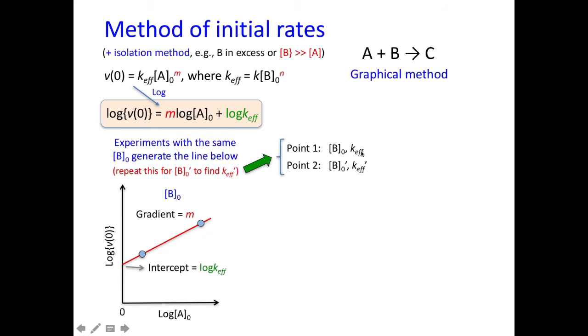Now I have two new points, and I specify these points as B0 and effective K, and B0 prime, effective K prime. I just need to plot these 2 points here using the second part, using the expression of the effective K, because I have just concentration of B0 and effective K in this equation here.